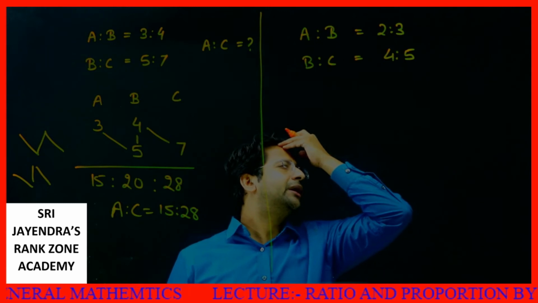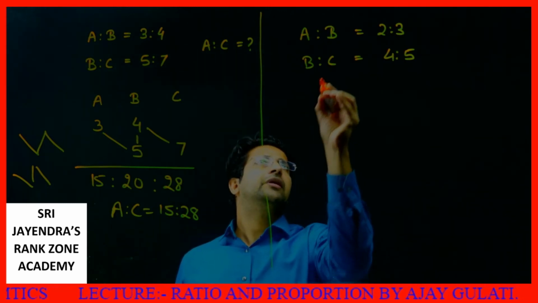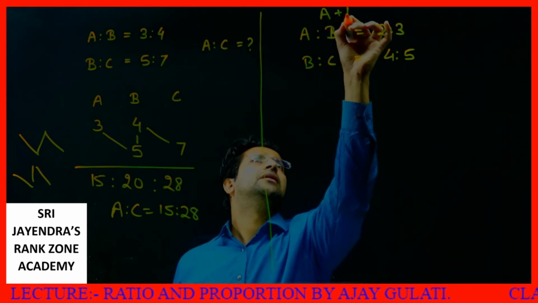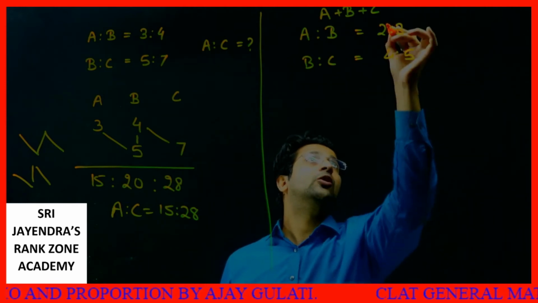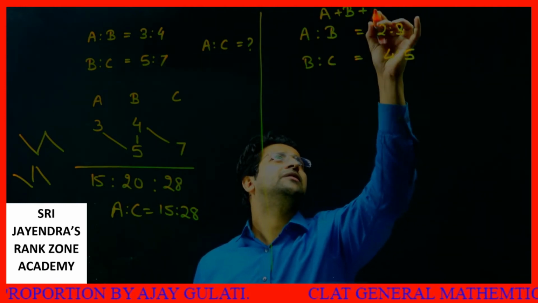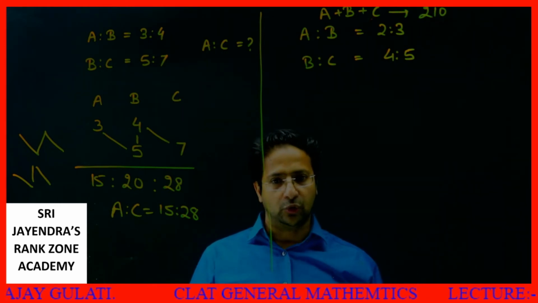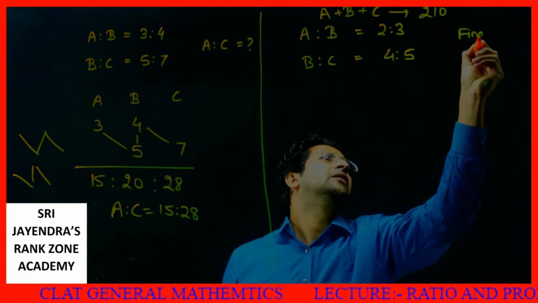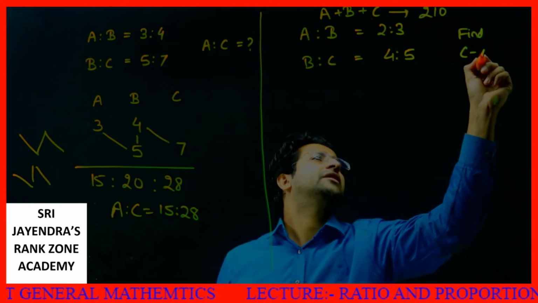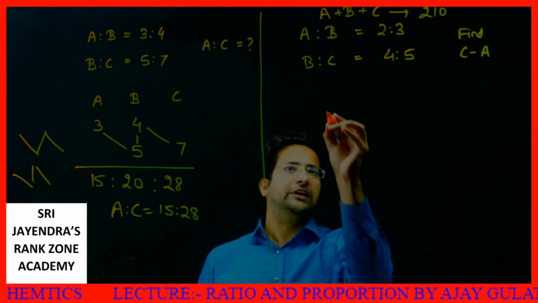And now suppose I say the sum of A plus B plus C is equal to 210. Let's say I ask you to find C minus A. Let's take things slowly.